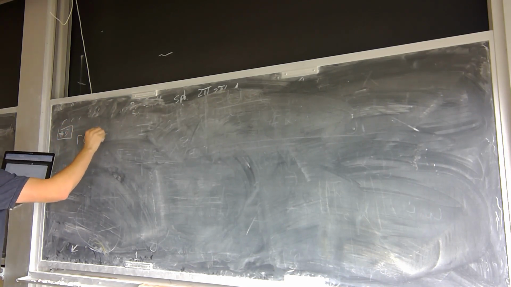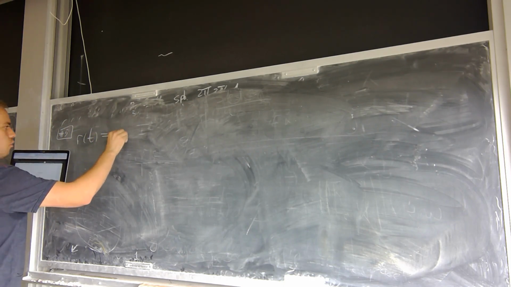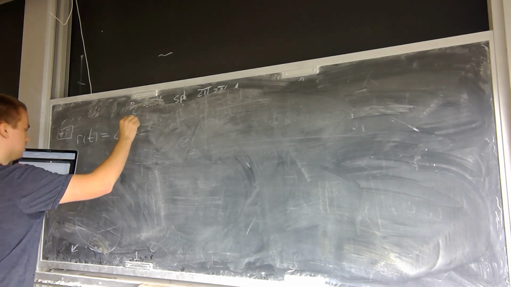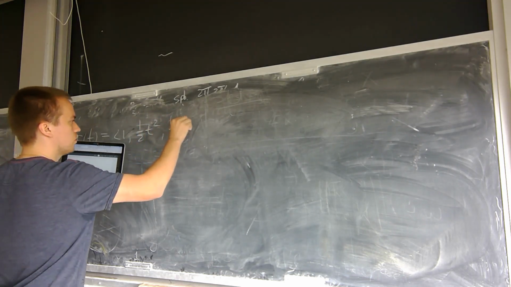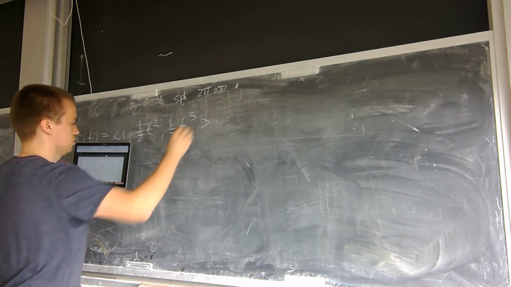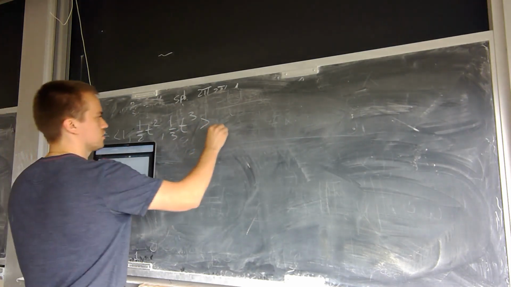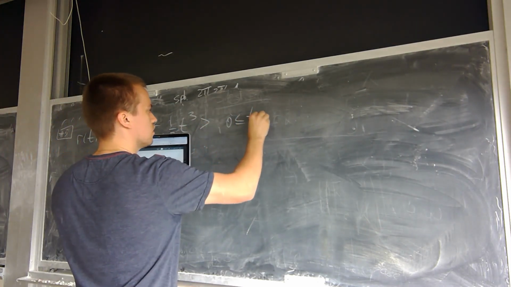Okay, let's do problem number 5, just to remind ourselves. For problem number 5, you have a parametric curve r of t equals one half t squared, one third t cubed, and t changes from 0 to 1.